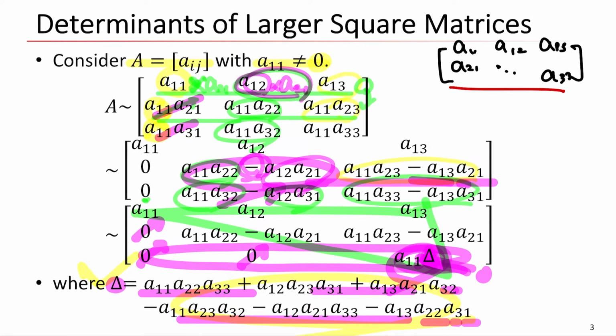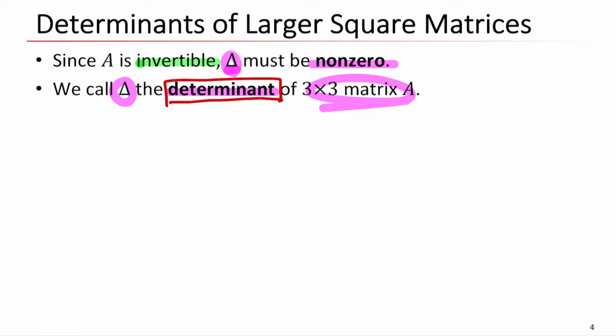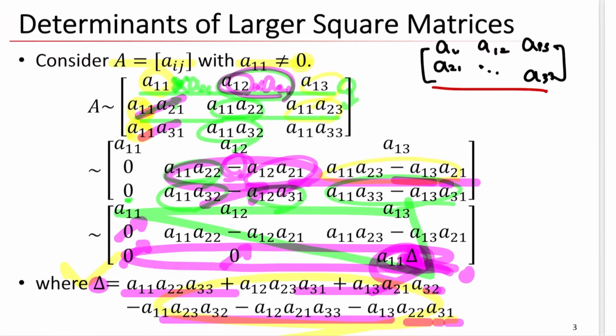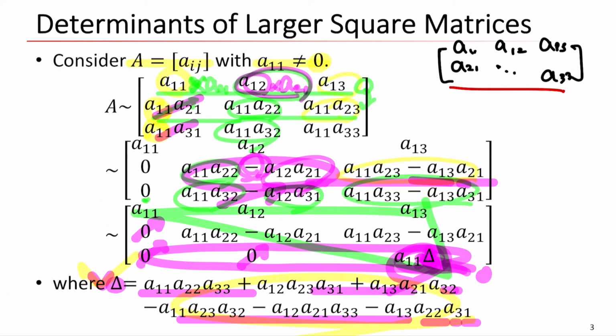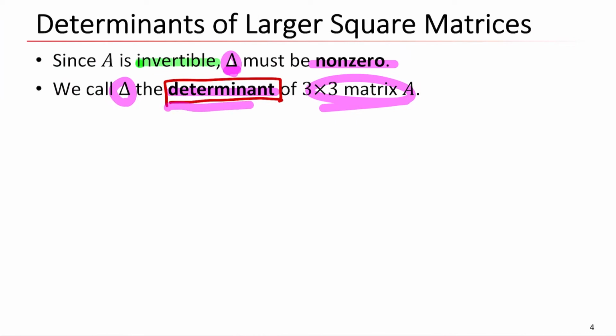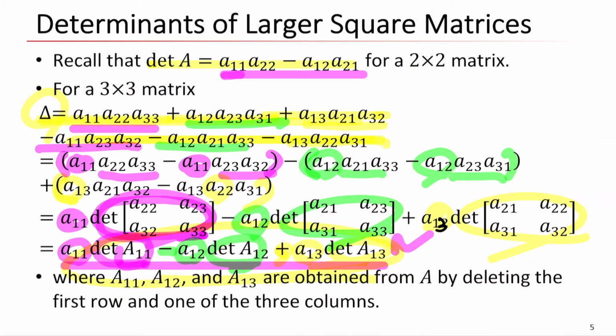So how can I do that? From the 3 by 3 matrix, we derived the determinant of the 3 by 3 matrix, right? Here this triangle was the determinant of the 3 by 3 matrix A. Then we found that the determinant of a 3 by 3 matrix can be estimated by the summation of 2 by 2 determinants of 2 by 2 matrices.